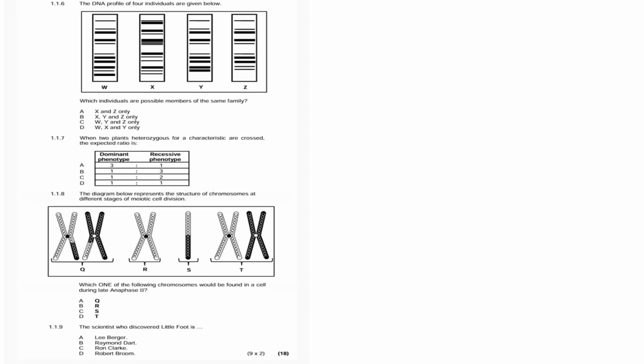Right, therefore now 1.1.6: the DNA profiles for four individuals are given below. Which individuals are possible members of the same family?